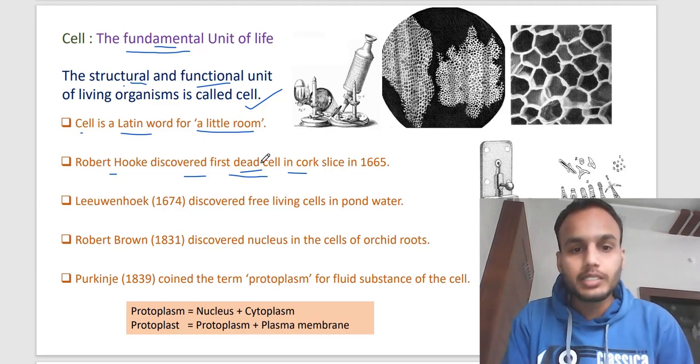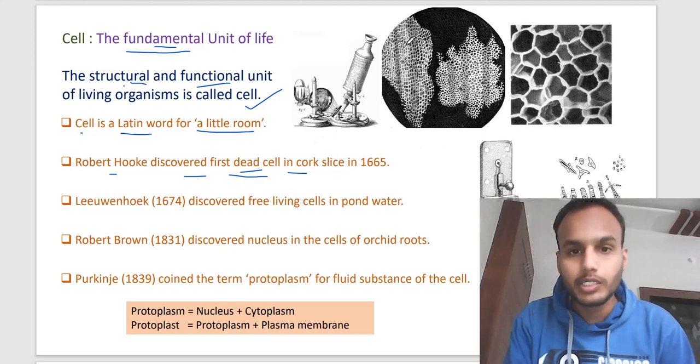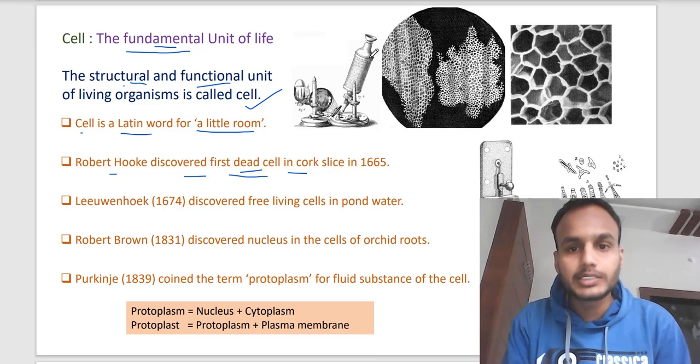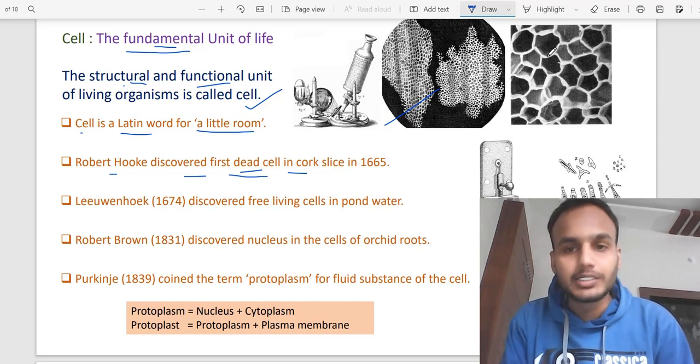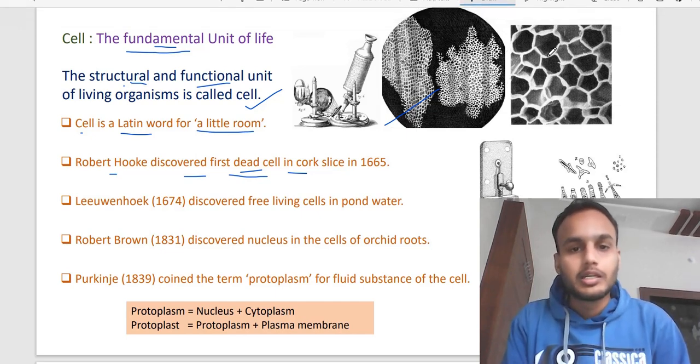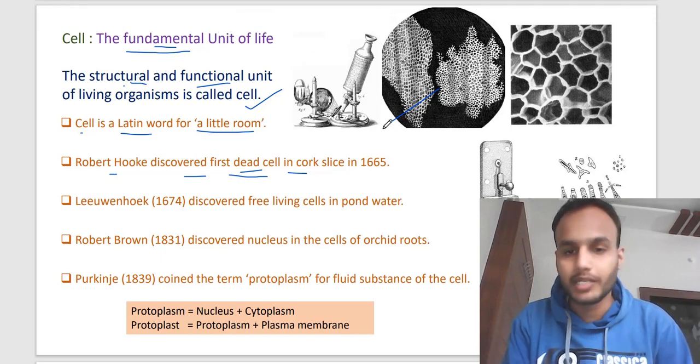So from there he isolated the cork and saw dead cells. Here you can see he observed the cells like this. If you zoom it, it will appear like a honeycomb. He observed these things in a simple microscope developed by him, a primitive microscope.